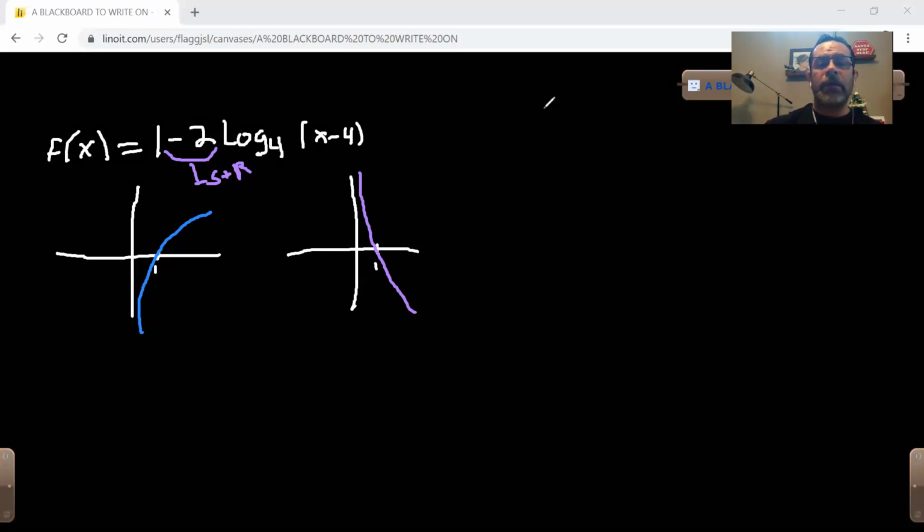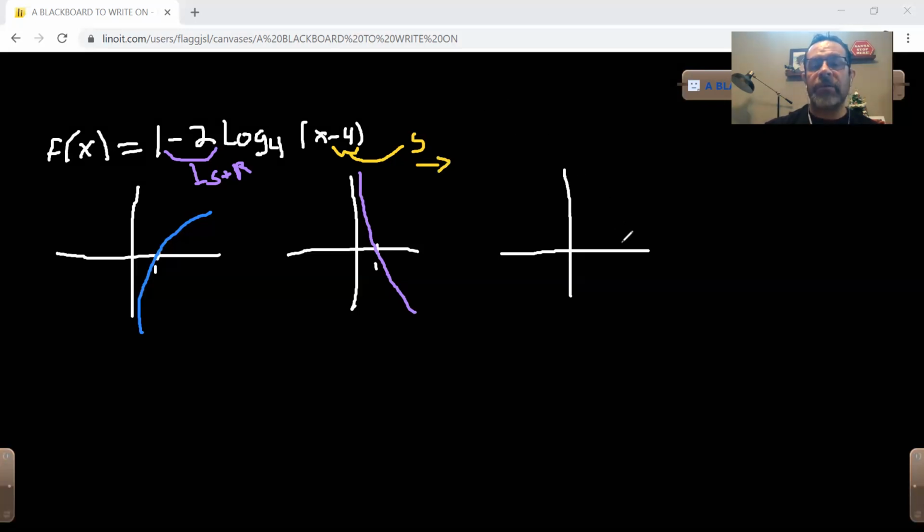And then let's see what else we have here. We've got this -4 here. And this is inside the logarithm. So this is going to be a shift to the right because it's a -4.